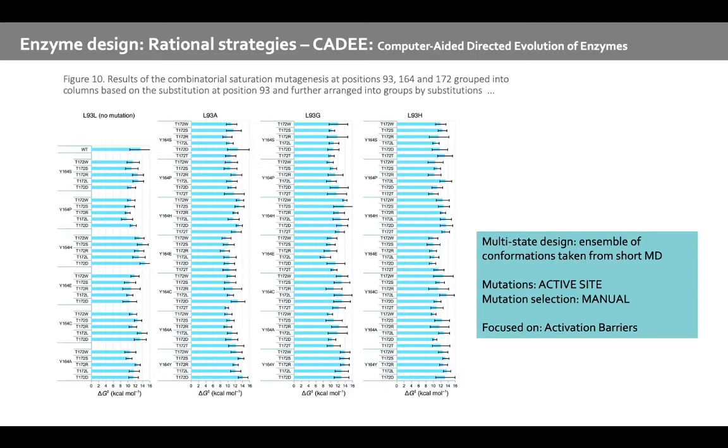So with this strategy, it's multi-state, because you have an ensemble of conformations, similarly to Chica, let's say. You do really short MD, I think they did 8 nanoseconds, and from these they took different snapshots and computed the barrier with this EBB. The mutations are also located on the active site, the mutation selection is manual, and the main focus is on reducing the activation barrier.